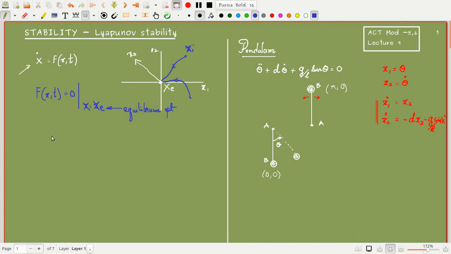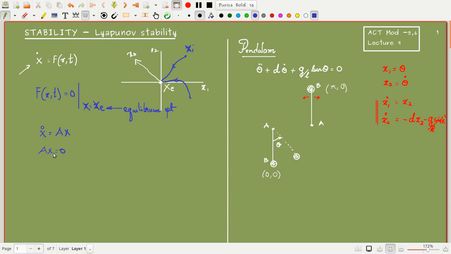For example, if I have a linear system, it can be written in the form X dot is equal to A into X. In order to compute the equilibrium point of the system, we have to put A into X equal to 0.